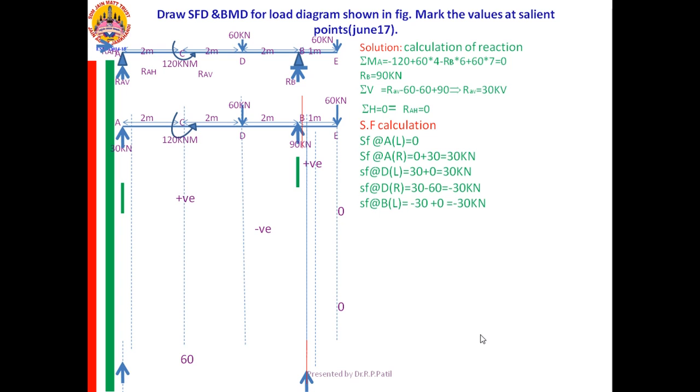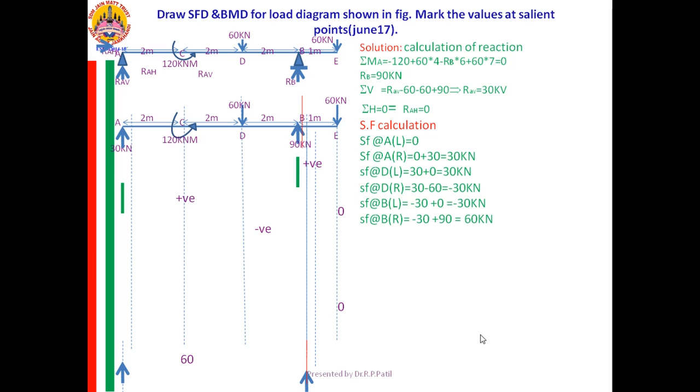On what part is it acting? With respect to my line, you need to see it. It is on the left side. Therefore, left up SF is positive. Therefore, minus 30 plus 90 will be the SF at B right.